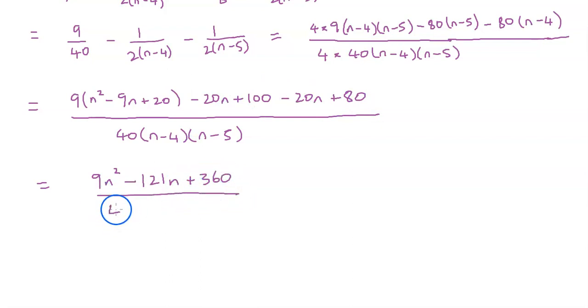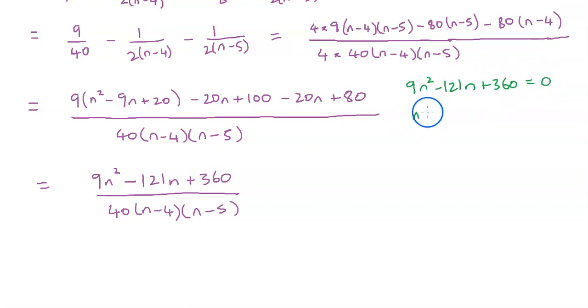And that's all divided by 40 times n minus 4 times n minus 5. And if you're not sure how to factorize the thing on top, a trick way is you can actually just set it equal to 0. So 9n squared minus 121n plus 360 equals 0. And then solving that equation, you can use your calculator or quadratic formula or whatever you want. So solving that equation, you get n equals 9 or 40 over 9.